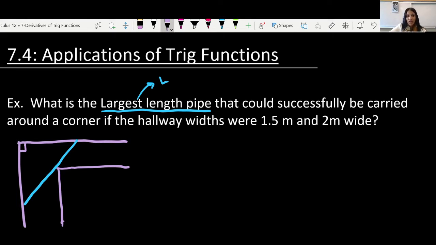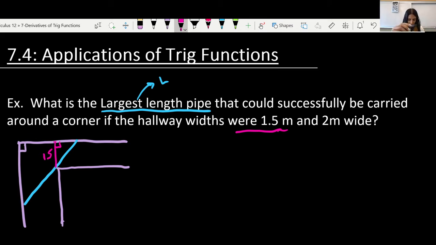And the only information that we know, if we look at it, is that one of the widths is 1.5. I'm going to do that here, 1.5 meters. So I know that if I draw another line there, that makes another 90-degree angle, and I know that this side would be 1.5.